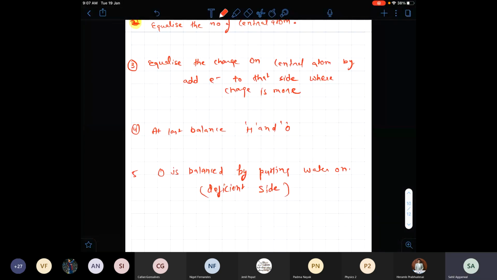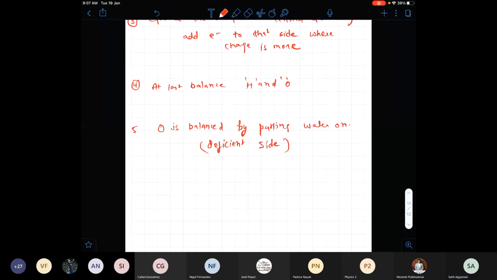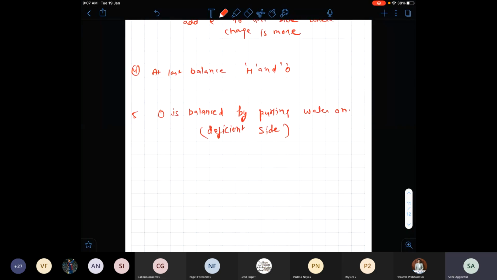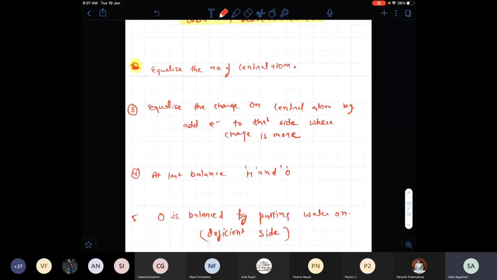What is the deficient side? Where less number of oxygen is present. Understood? Where less number of oxygen is present, that is the deficient side.